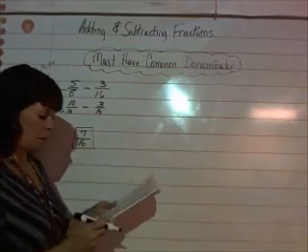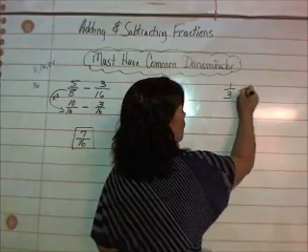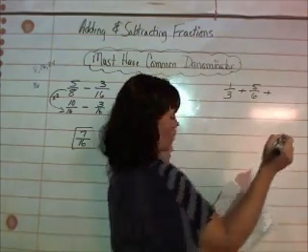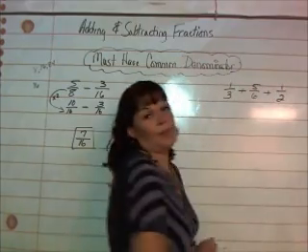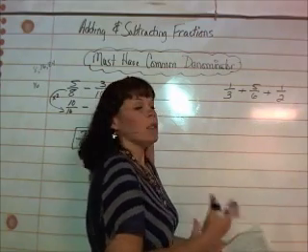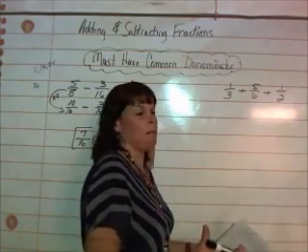Let's try this one. How about if you have 1/3 plus 5/6 plus 1/2. So we're adding 3 fractions together. You still have to follow that same process. You must use a common denominator.